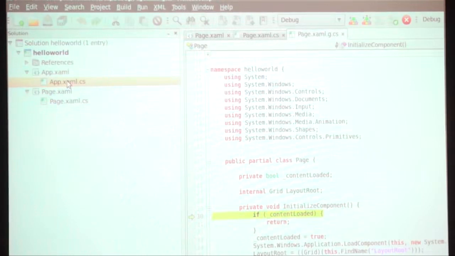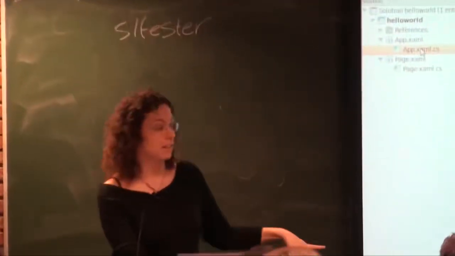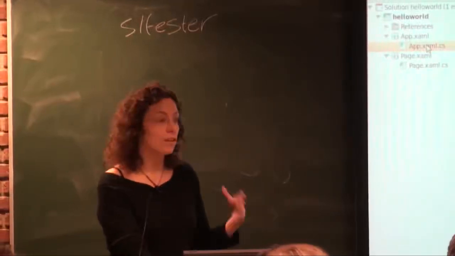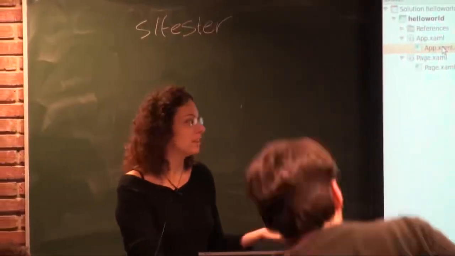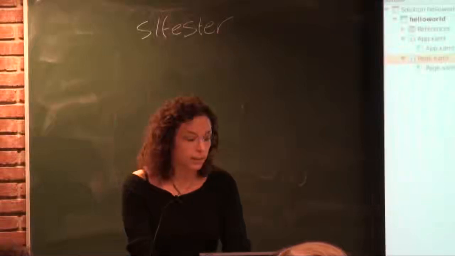MonoDevelop, Moonlight, as soon as we release everything and all the distros have it, that's what you're going to get. Debugging applications, hopefully we'll get a designer really nice and really soon, so you don't even have to have XAML written down. But this stuff is starting to work.